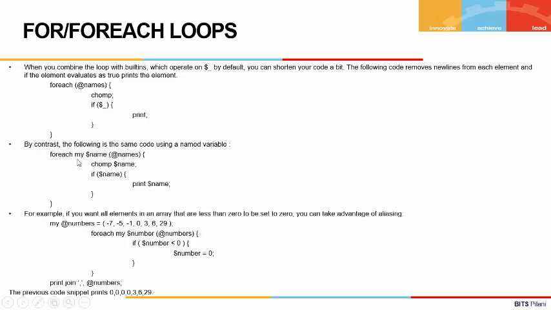For example, foreach, you are defining the variable $name, and you have an array here, and you are chomping the newline character from each value assigned in the array, and for each value it will go on printing the value of the array after chomping it.